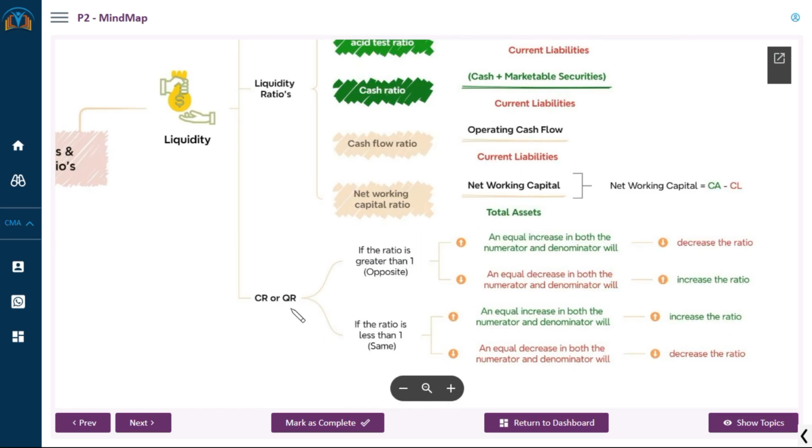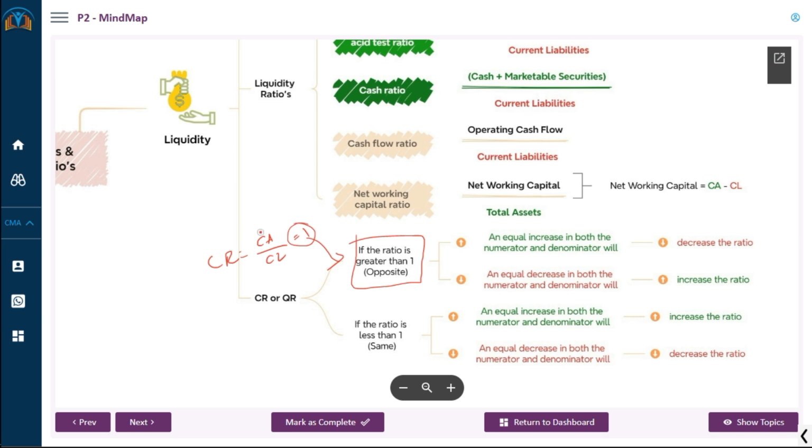Now let us understand the effect on the ratio, current ratio and quick ratio. If the ratio is greater than 1, that is current assets by current liabilities, the current ratio, is greater than 1, what is going to happen? An equal increase in both the numerator and the denominator will decrease the ratio.